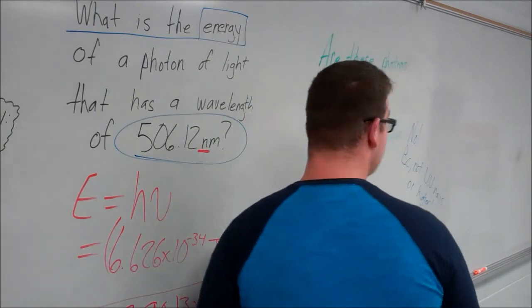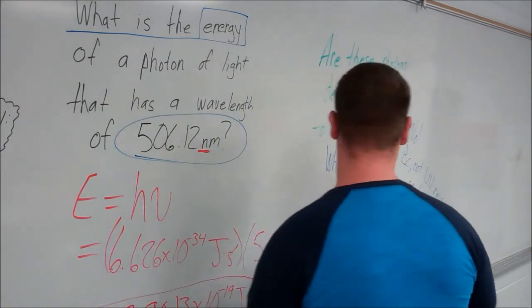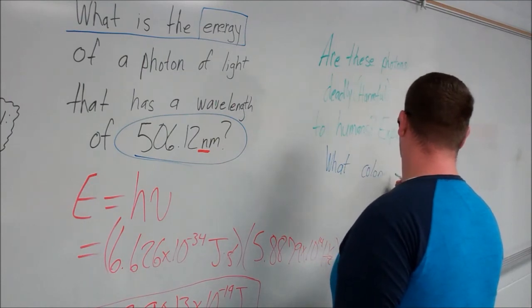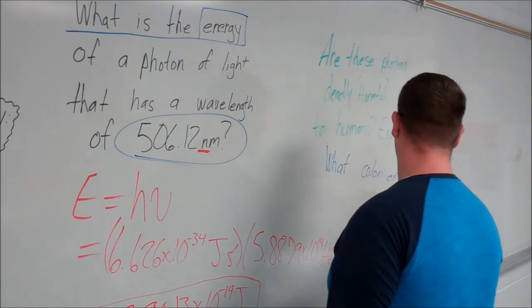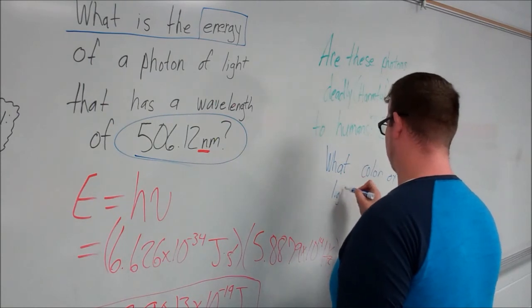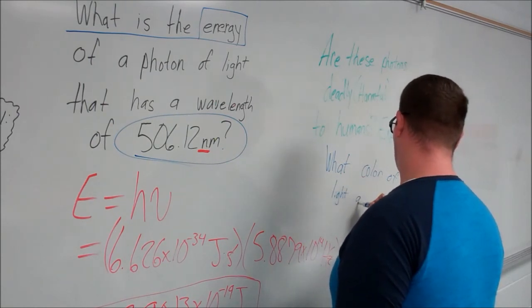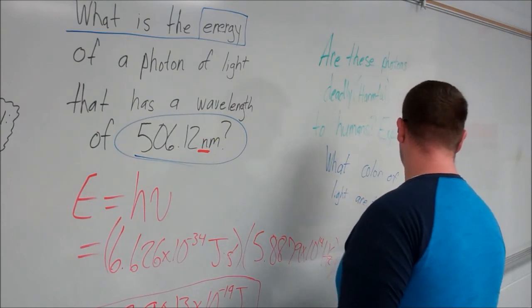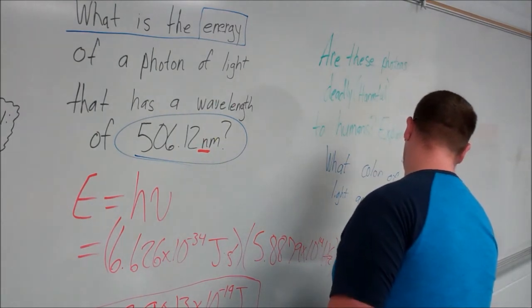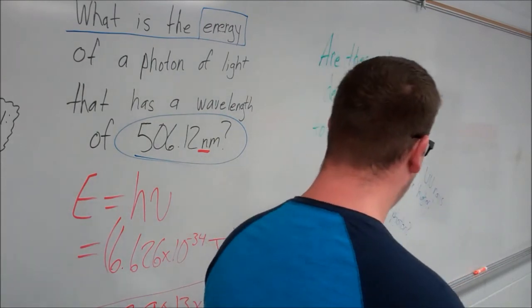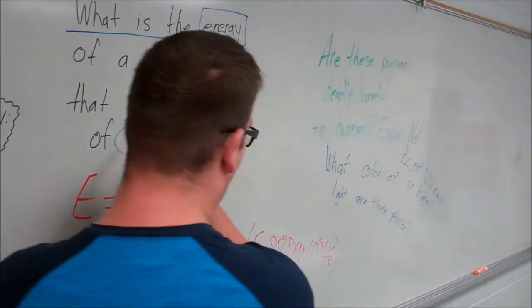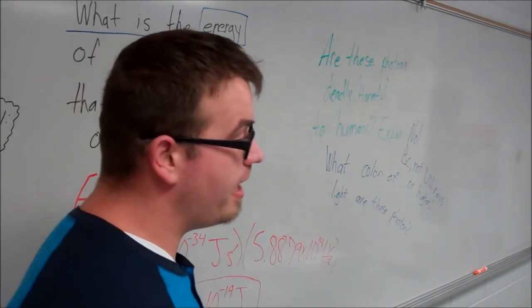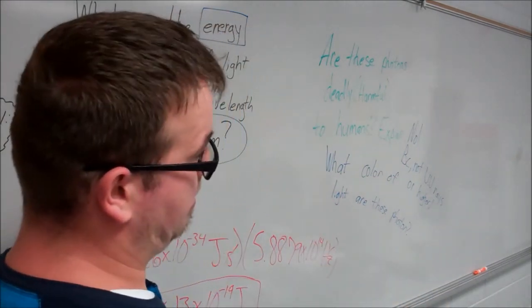So this is the second question I can ask you on this. What color of light are these photons? Now, with this, I can change that. You still look right here. So it's blue. If you're using the electromagnetic spectrum, look for wavelength.